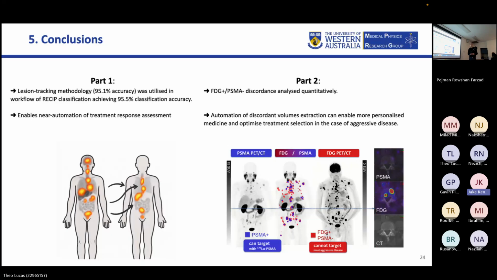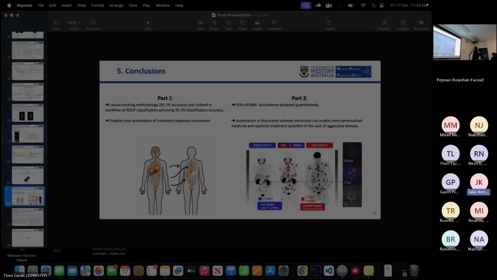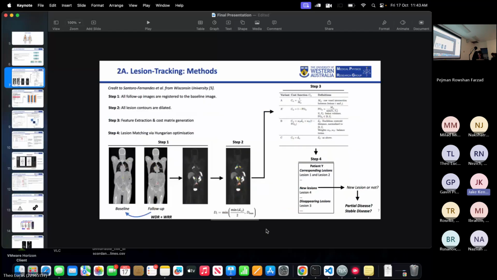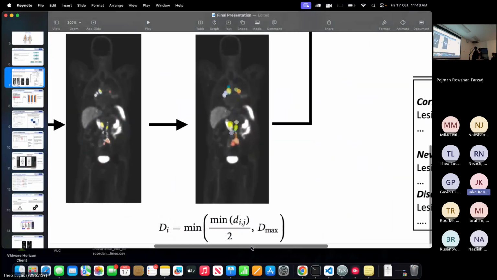One question, sort of similar: whether you could have a lesion size dependent dilation. Yeah, I guess you could. This is the automatic dilation formula I'm talking about.